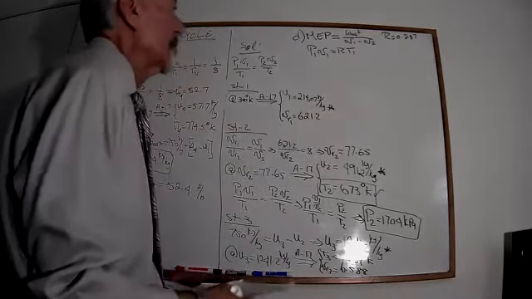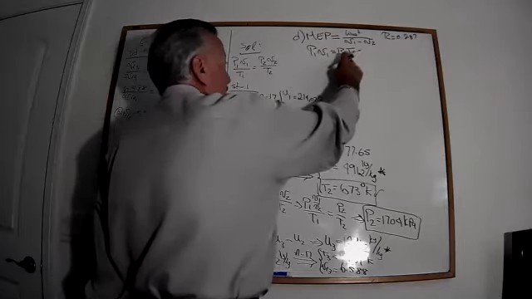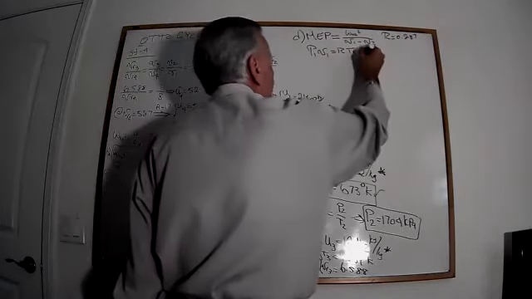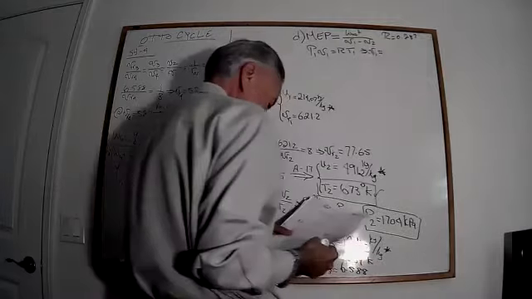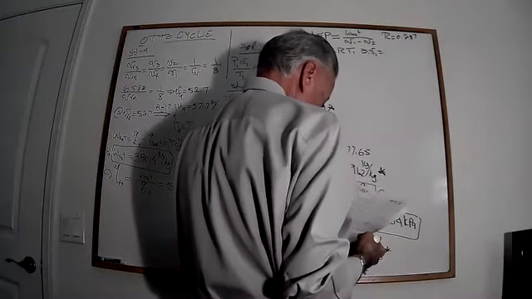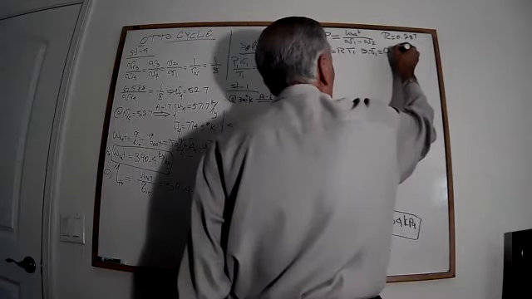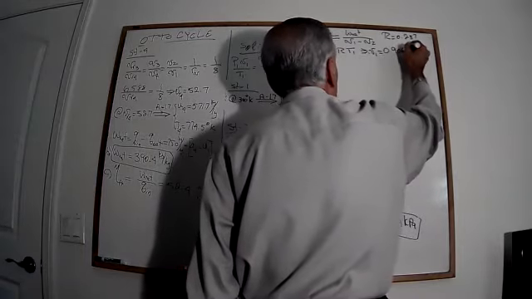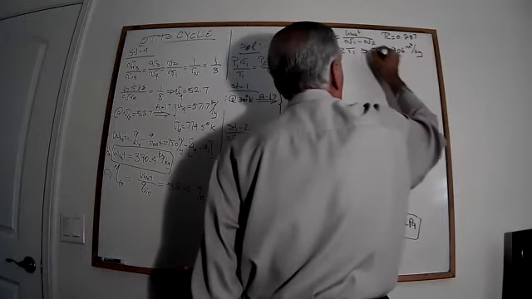P1 is 95, T1 is 300. Very quickly, I can find the value of V1 to be 0.906 meter cubed per kilogram.